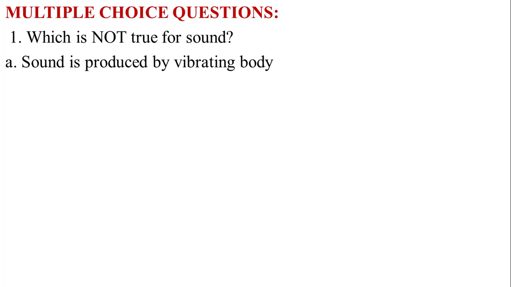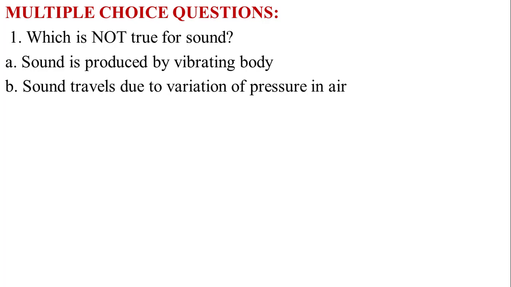Now we will start first of all with MCQs. In the multiple choice question, the first statement: which is not true for sound? Four options are given. A, sound is produced by a vibrating body. B, sound travels due to vibration of pressure in air.